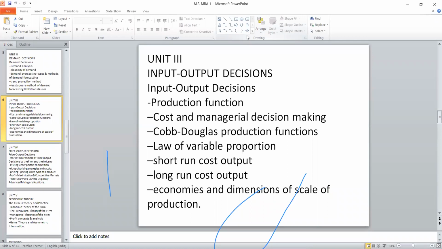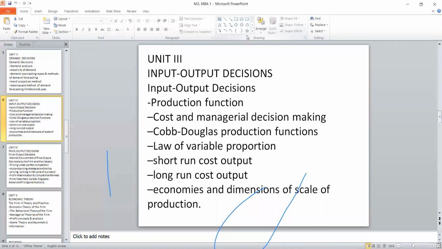There are also a few theories like the law of variable proportions and the law of returns to scale. After completing those theories, we should know how to relate cost and output, how they are related in the short run and in the long run. Finally, we study the advantages and disadvantages of large scale production, which technically is called economies of scale or diseconomies of scale.